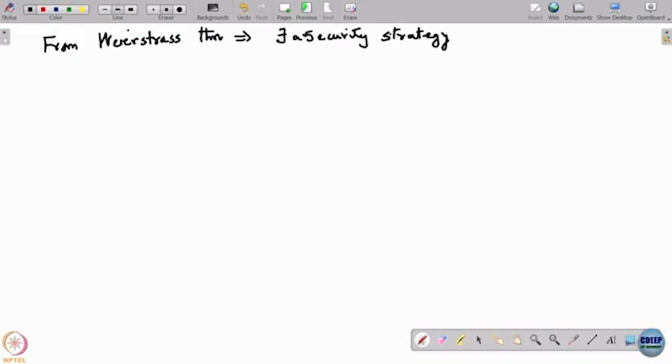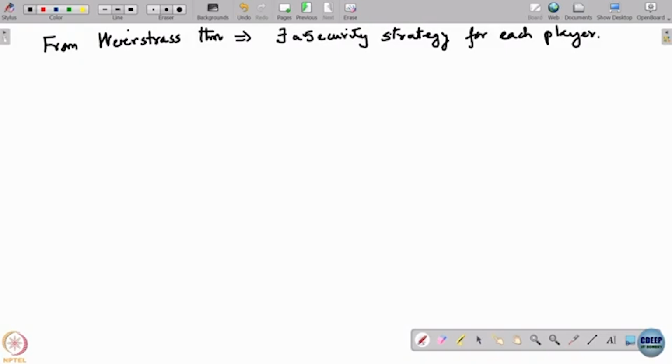I just argued for the row player, but similarly one can argue for the column player also. So there exists a security strategy for each player. So the security strategies as we just defined in fact exist.